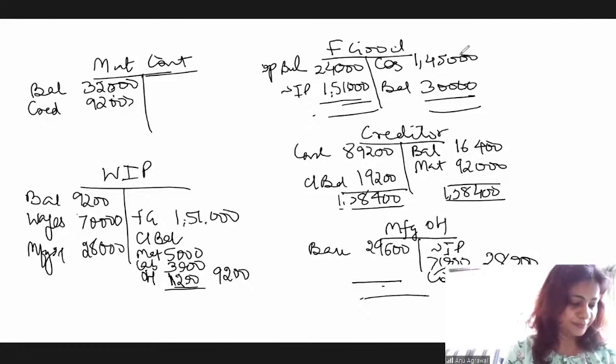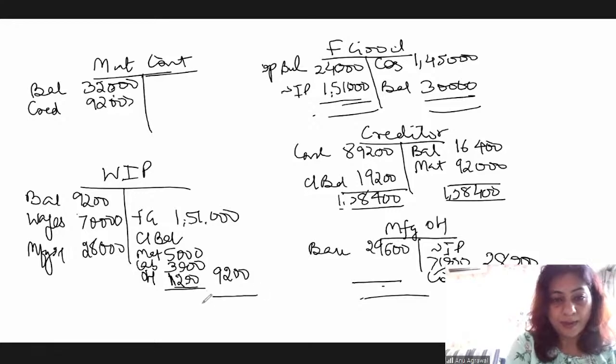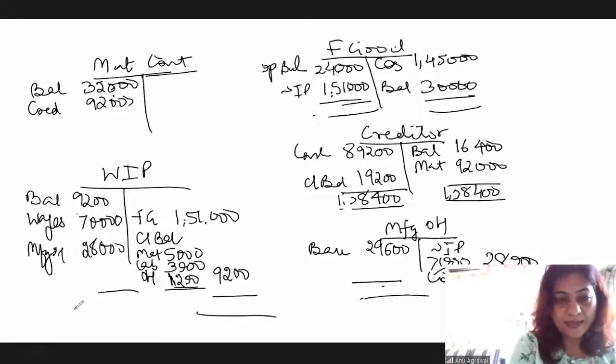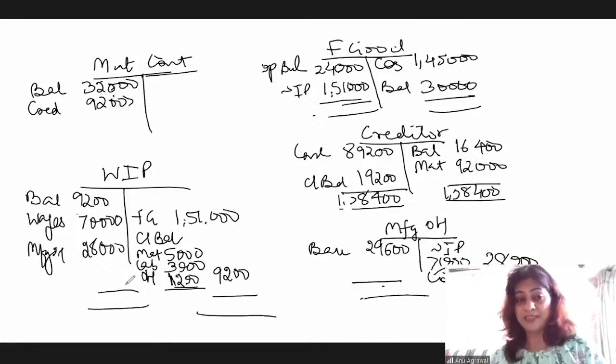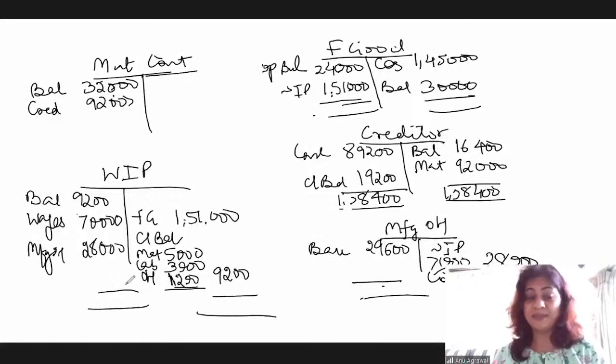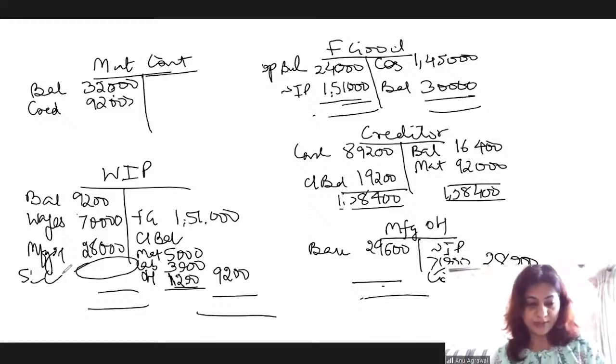Just a second. Okay, so just a second. If I try to balance this, because I have all the figures, I have the opening balance, I have the wages, I have the overheads, I have how much I have transferred to finished good, how much is the closing balance. That means the balance, if I get here, should be the transfer from SLC. So let us check it out.